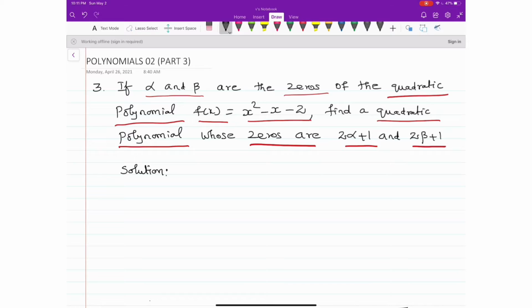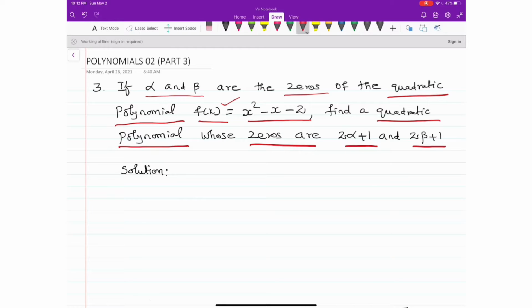Before I start doing this question, let me give you the gist of how to go about a question of this particular type. See, you have been given a quadratic polynomial as f of x is equal to x square minus x minus 2. And alpha and beta are the zeros of this quadratic polynomial.